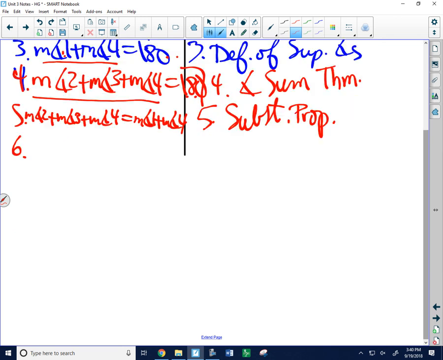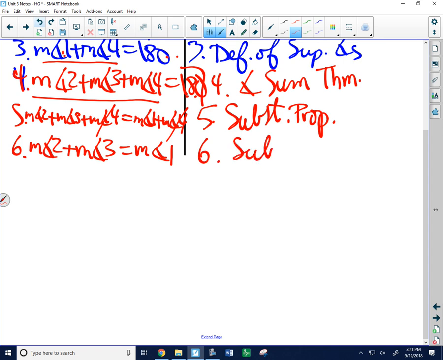And finally, you just need to subtract off the 4s. So we have measure of angle 2 plus measure of angle 3 equals measure of angle 1. Subtraction. Okay. That's the exterior angle theorem.